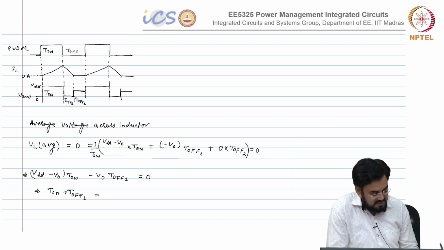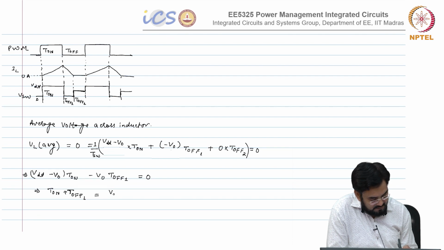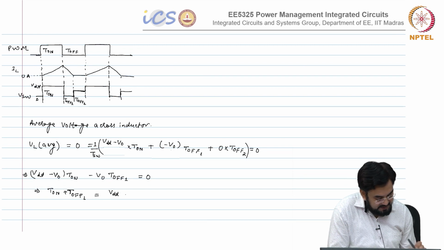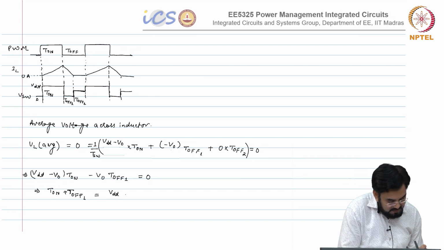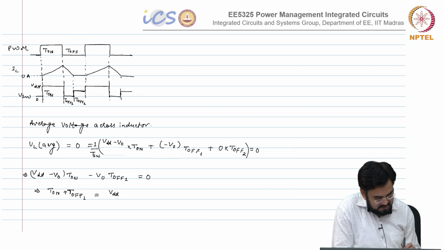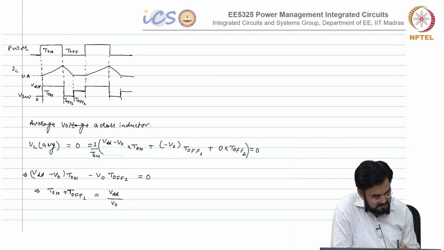So what is T on plus T of 1 from this? VDD by... and what else?